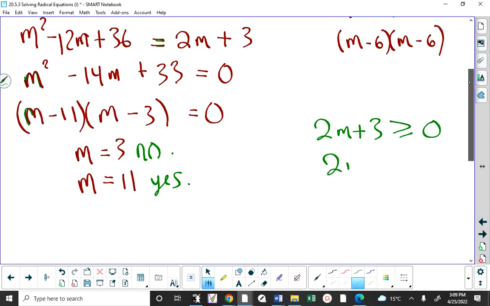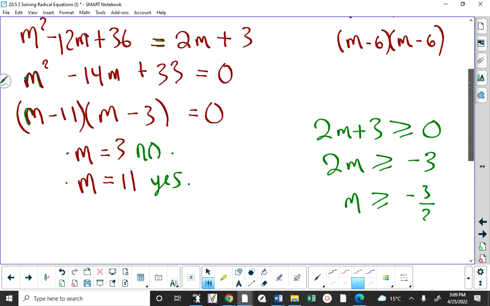So if I subtract 3 from both sides, I get this statement. Divide both sides by 2, I get m is greater than or equal to negative 3/2. Both of these numbers are greater than or equal to negative 3/2, but that doesn't make them solutions.